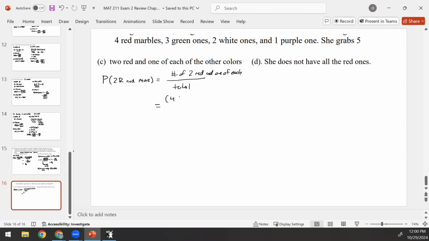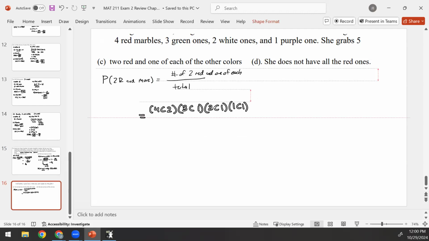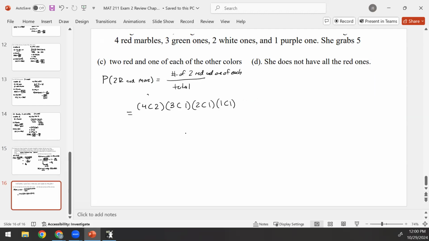So I got 4 red and I'm choosing 2 of them. That's my reds. And then I got 3 green and I'm choosing 1 of them. I have 2 white marbles and I'm choosing 1 of them. And I got 1 purple and I'm choosing 1 of them, right? Let me give myself more space. So this is red, green, white, and purple.